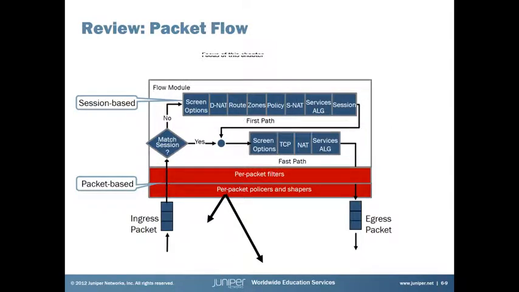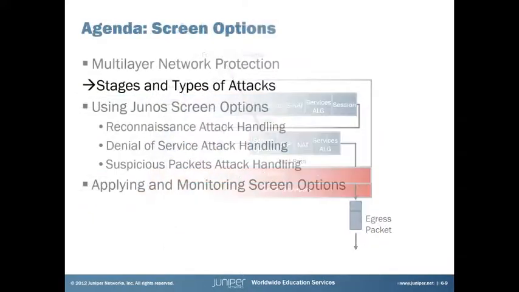So the screen options appear right at the beginning of our flow module. We're looking at the incoming traffic for certain characteristics. If incoming traffic has these characteristics, we're going to drop it straight away. So we can configure our device to look for these characteristics and drop traffic that has them. And these characteristics are typical signs that hacking is taking place. So we'll look at some of these things.